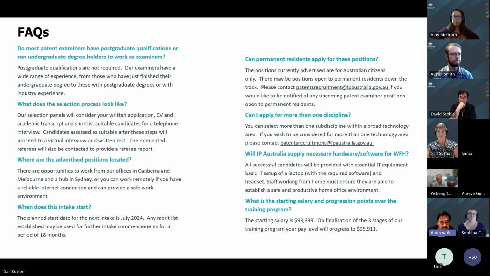Our greatest need at the moment is in chemical and mechanical type technologies, where we'll be primarily recruiting in biotechnology, chemical compounds, immunology, biotherapeutics, applied chemistry, and pharmaceuticals, as well as general mechanical engineering and medical devices. So you can see there's a wide range of technologies there.